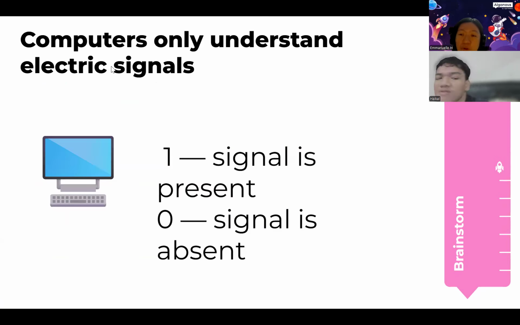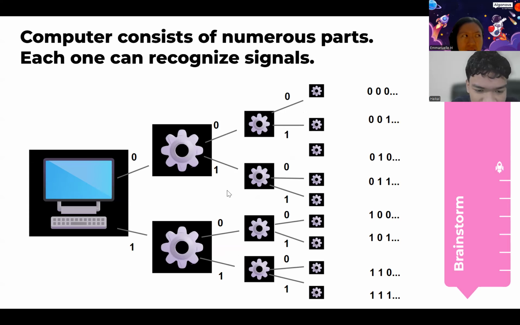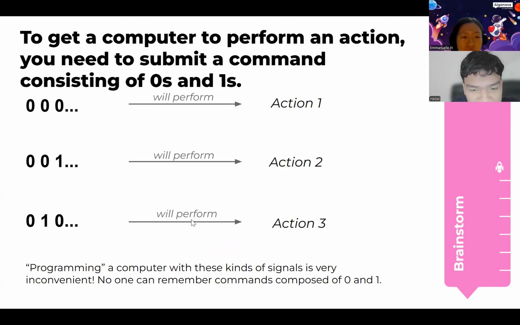Actually, a computer only understands two languages, 0 and 1, which we call binary. 1 is present and 0 is absent. But why can our computer understand our instructions? We have menus, Windows, Microsoft Word.